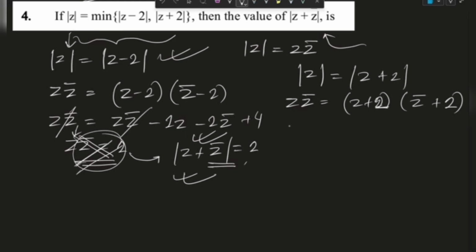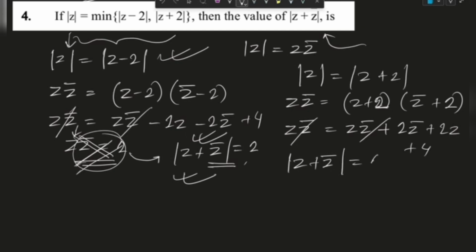So basically now if we multiply, this will again become z z conjugate equal to z z conjugate plus 2z conjugate plus 2z plus 4. This and this get cancelled. So mod of z plus z conjugate, this becomes again 2. So this was minus 2. Now if we put the mod, this will become 2. So basically, as both boundary line conditions are satisfying, our answer is 2 for this question.